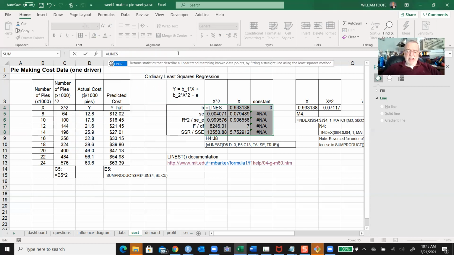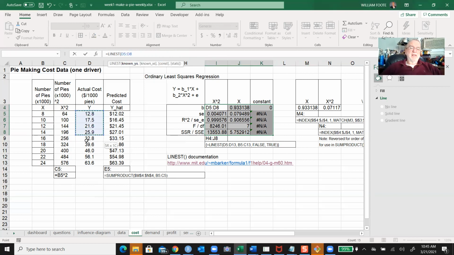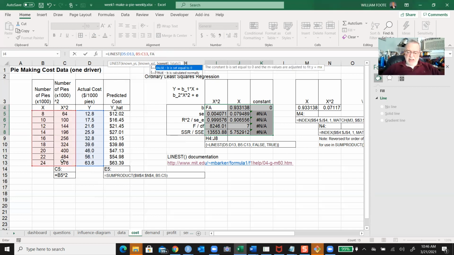Okay. When it does that, in fact, just let me take it all out. Equals LINEST, y first, comma, usually put a space in between, and then both x and x squared, comma, set aside the constant, comma, but report all the statistics as true.